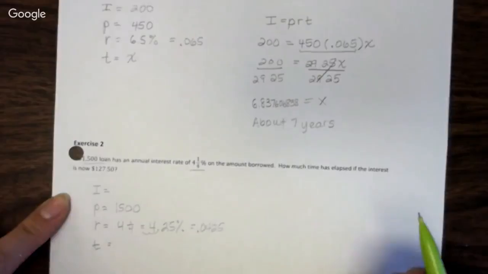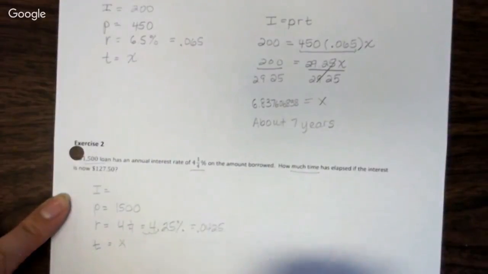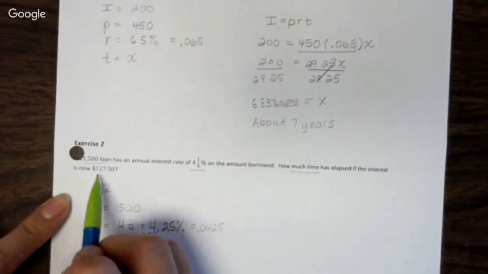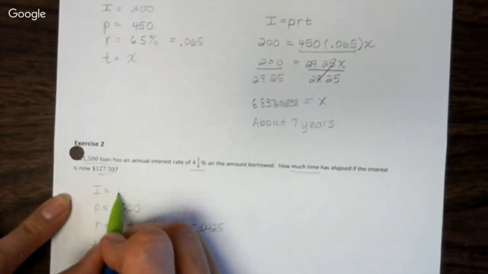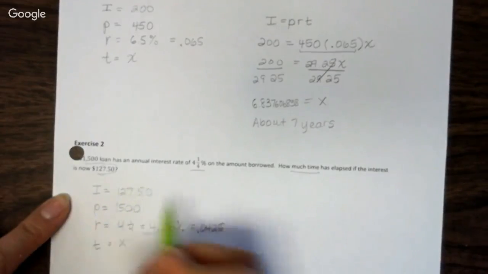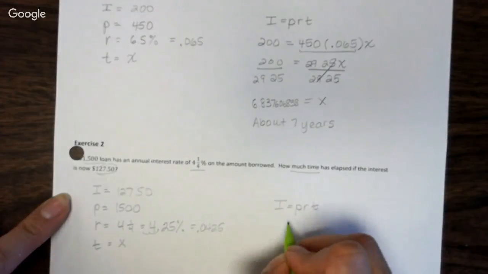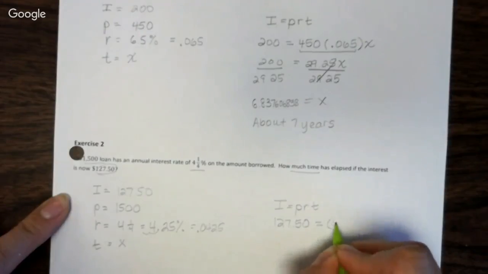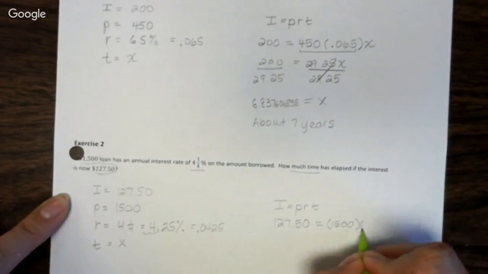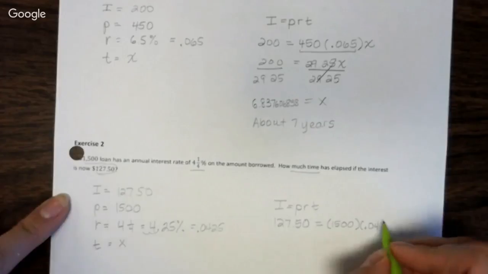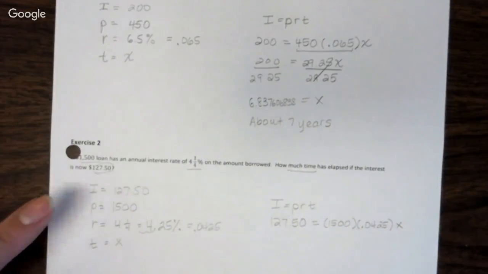It says how much time, so that's our X. And the interest is now $127.50. So I equals PRT. 127.50 on a $1,500 principal at 0.0425 rate, and X is our time.